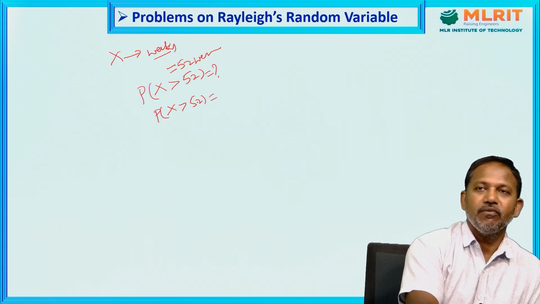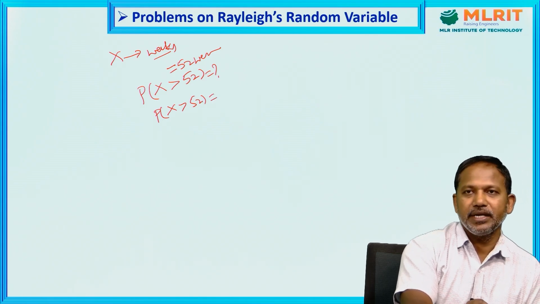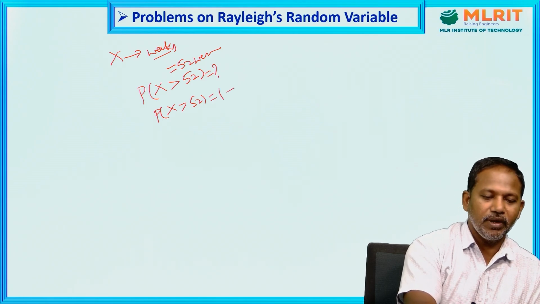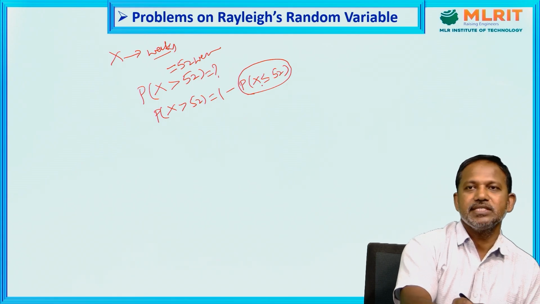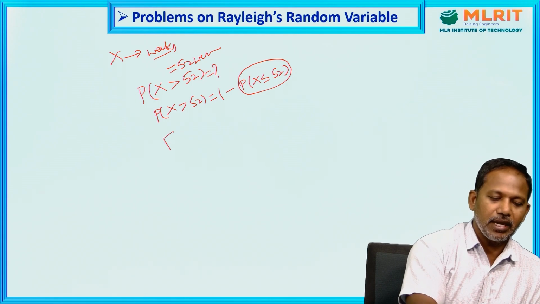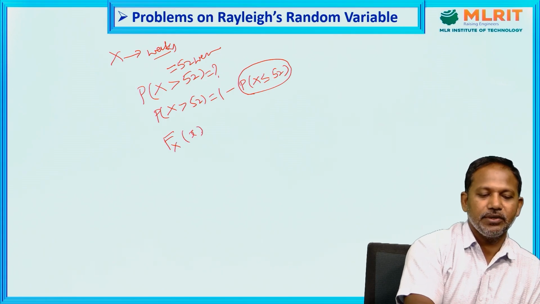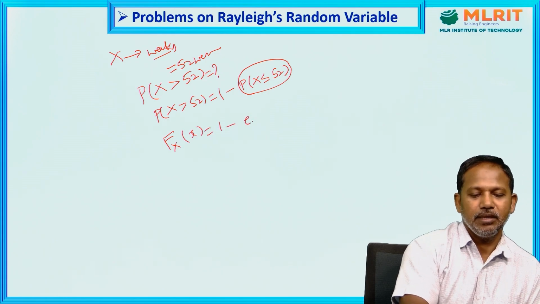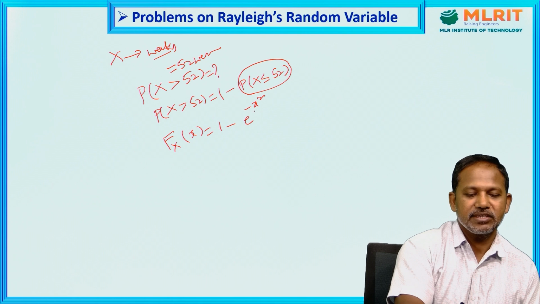I need to convert this into the probability distribution function. I can write 1 minus P of x less than or equal to 52. See here, P of x less than or equal to 52 is directly the probability distribution function. We already know the formula: capital Fx of x is equal to 1 minus e power minus x square by b for x greater than 0.